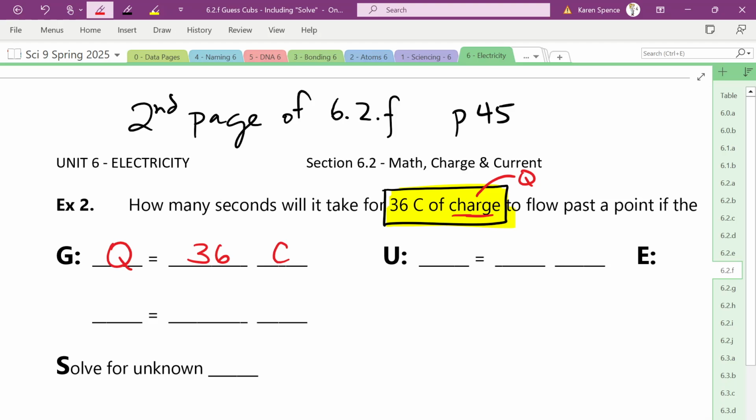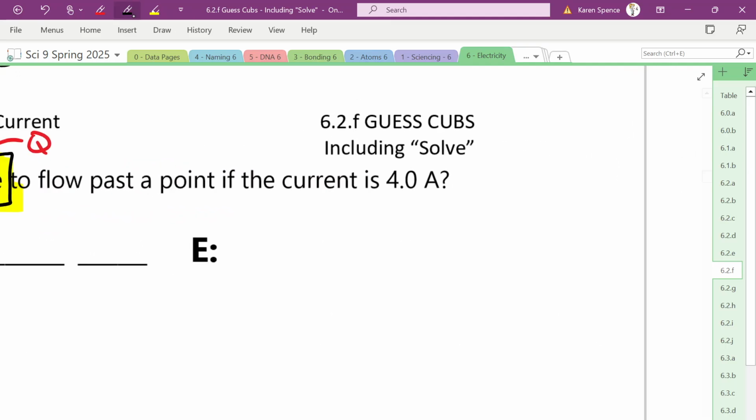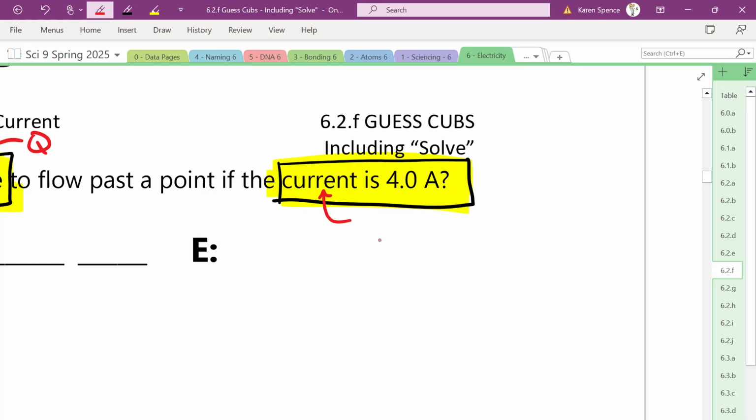We must have another given quantity somewhere. Oh, and look at that, we have another number here. Current is 4.0 amps. And what is the symbol for current? The symbol for current is I. But like I said, if you forget that, use your purple sheet.